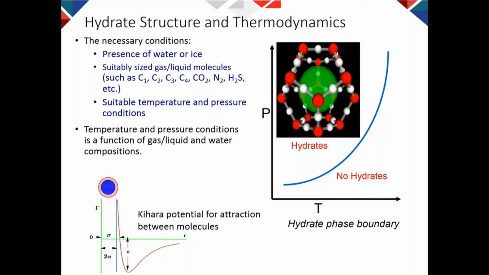So therefore, less water molecule is available for hydrate formation. And therefore, this will work as a hydrate inhibitor. And we use this property to melt hydrate blockage or to prevent hydrate formation.